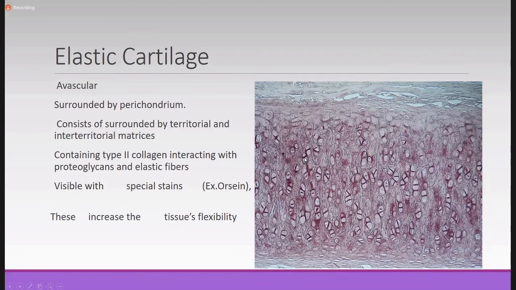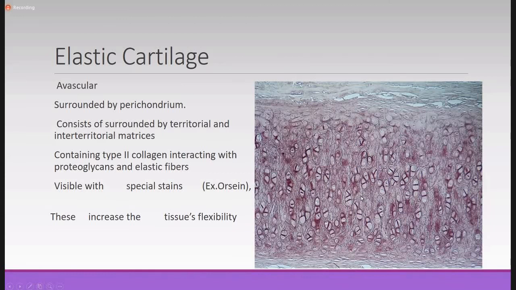The darker one is the territorial, and this is the interterritorial matrix. It contains type 2 collagen interacting with proteoglycans and elastic fibers. The one other thing in excess compared to the hyaline cartilage is the presence of elastic fibers. This darker wavy appearance is the elastic fibers.